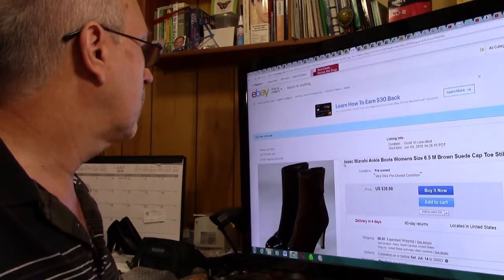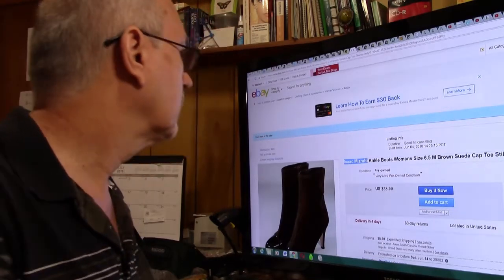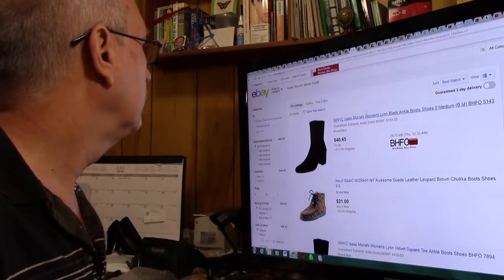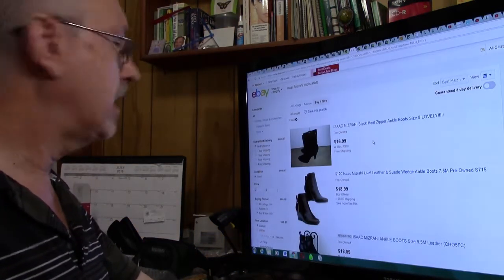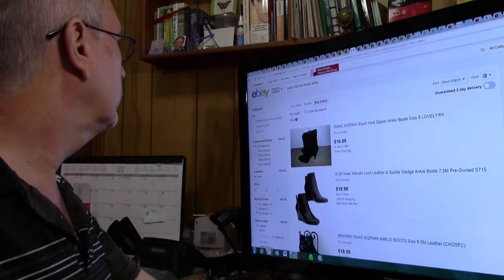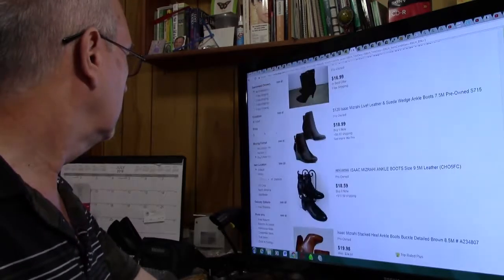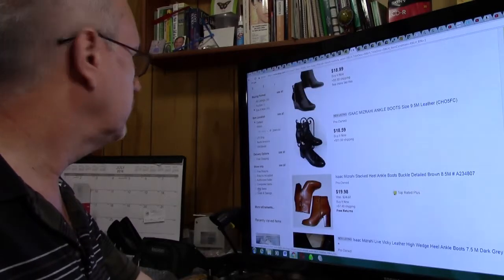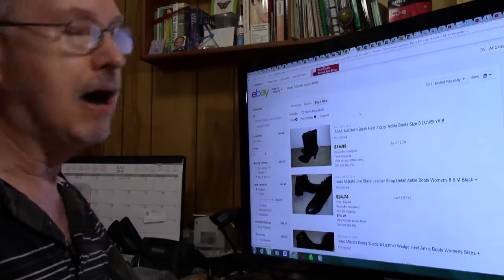Isaac Mizrahi. That's how I pronounce his name. Okay, here we go. Isaac Mizrahi ankle boots. There are 103 results. These are the offerings, not the sold listings. If you click on sold, mind you, that's 9.